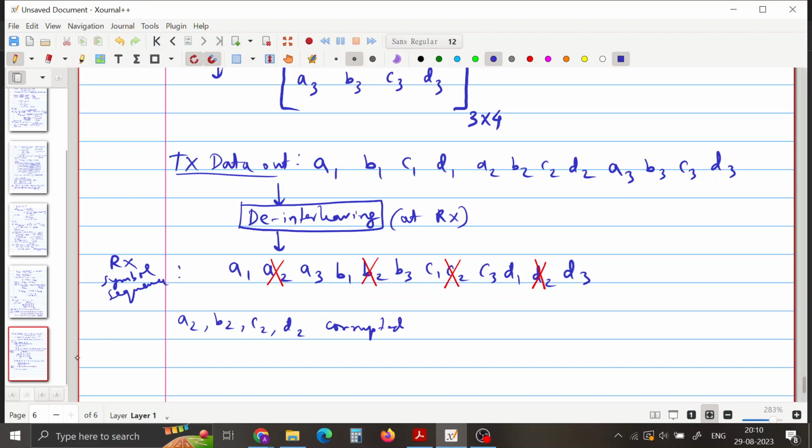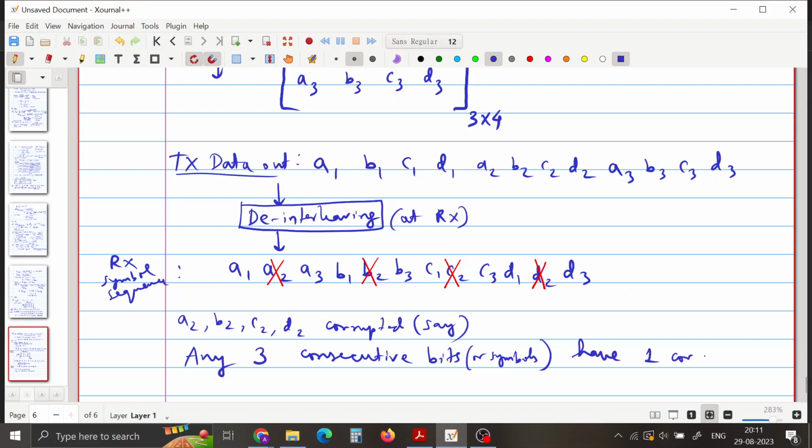So my observation is that any 3 consecutive bits or symbols have only one corrupted bit or symbol.